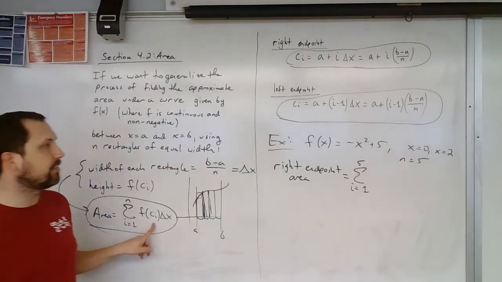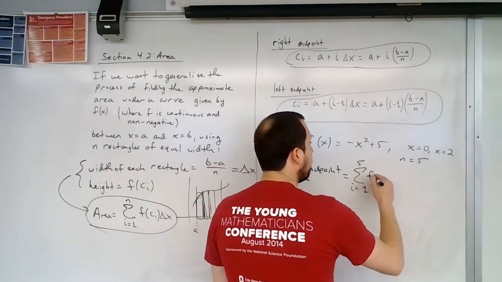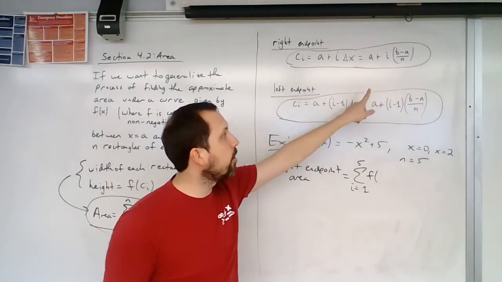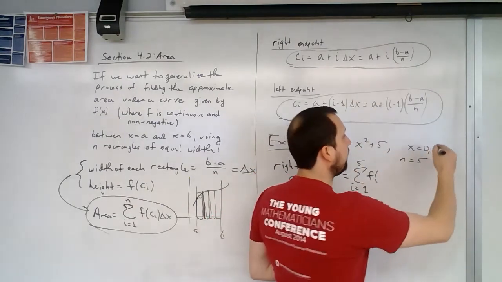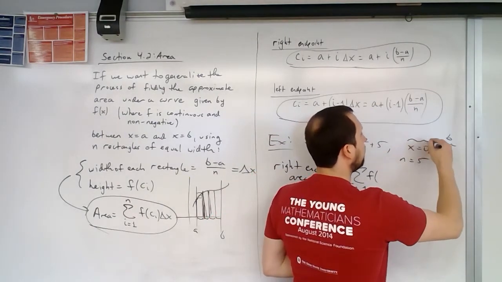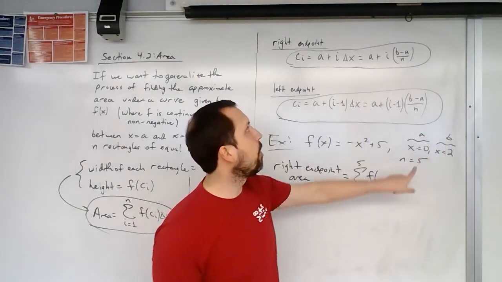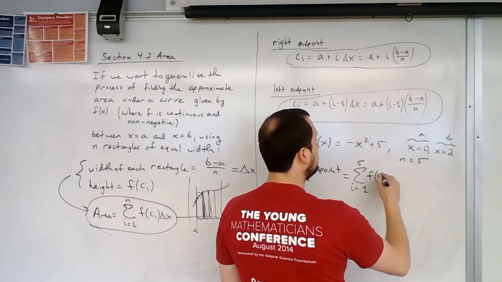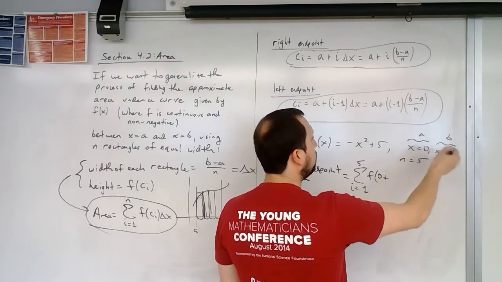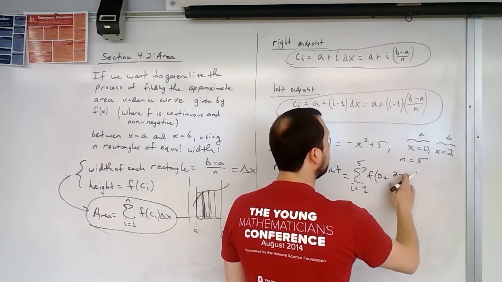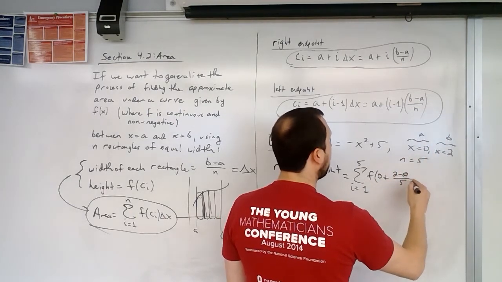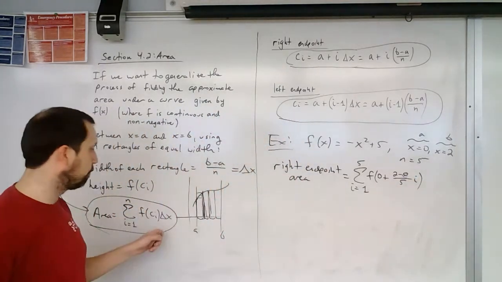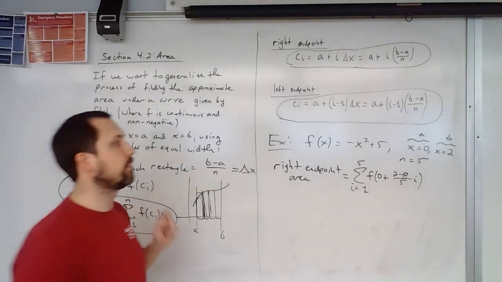I have my f of c sub i. My c sub i's are defined by this. So if I know b, this right here would be my b, this right here would be my a. I know n is going to be 5. I have a, which is 0, plus (b minus a), 2 minus 0, divided by 5 times i. And then I multiply this by the width, delta x, which we said is b minus a over n.